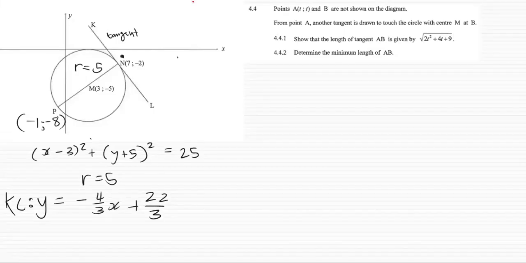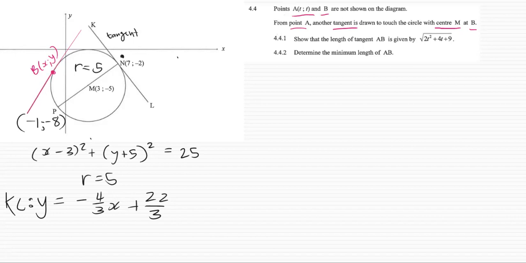Number 4.4. A point A, T, T, and B are not shown on the diagram. From point A, another tangent is drawn and it touches the circle with center M at B. So basically, it's going to touch at point B and it's going to be a tangent line here.